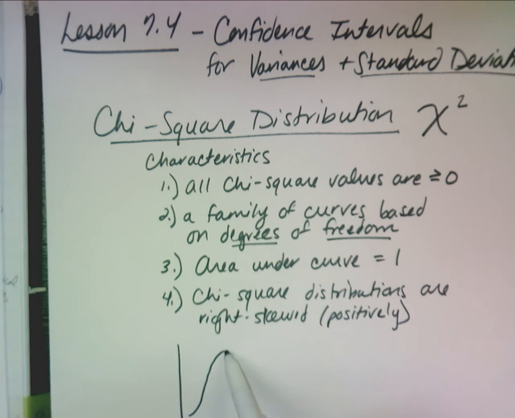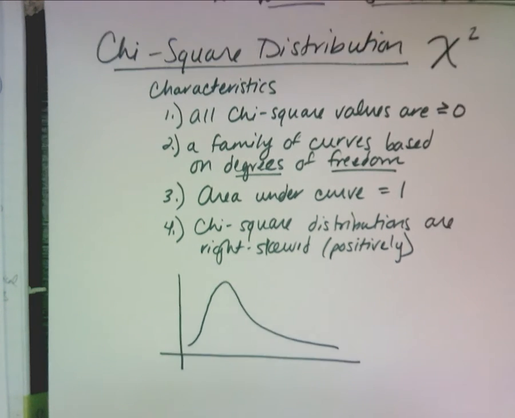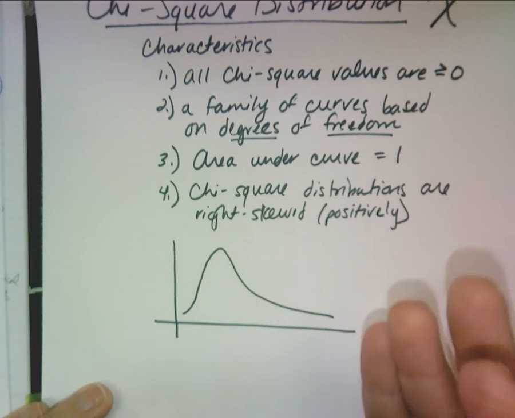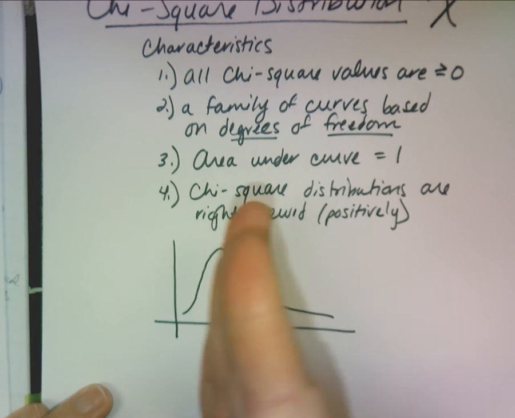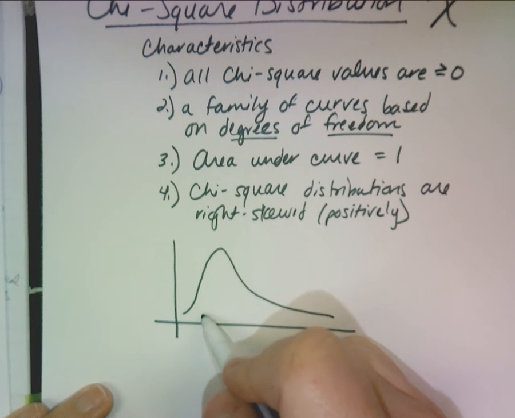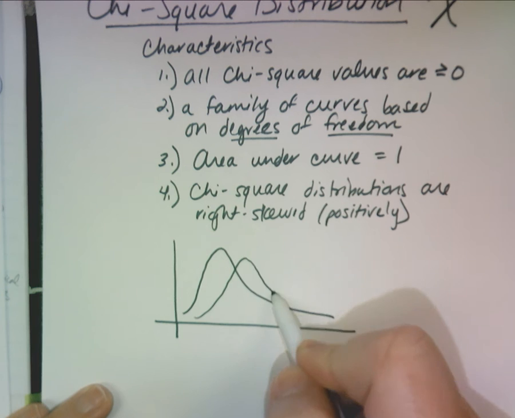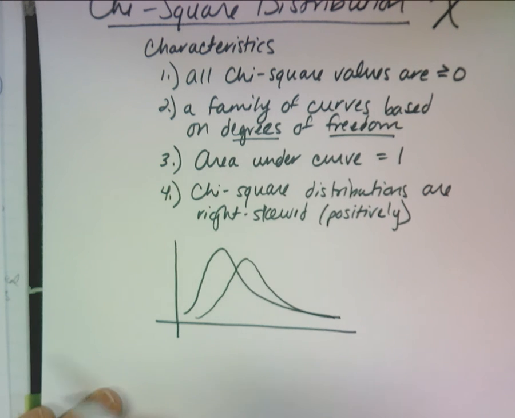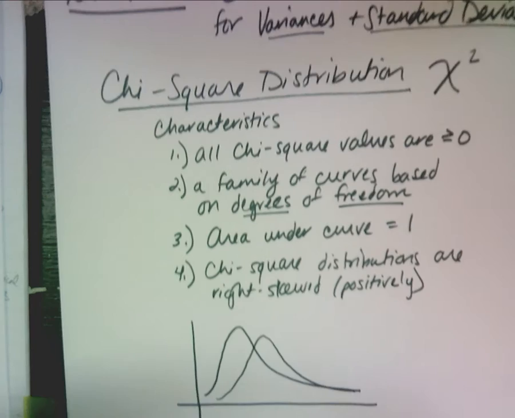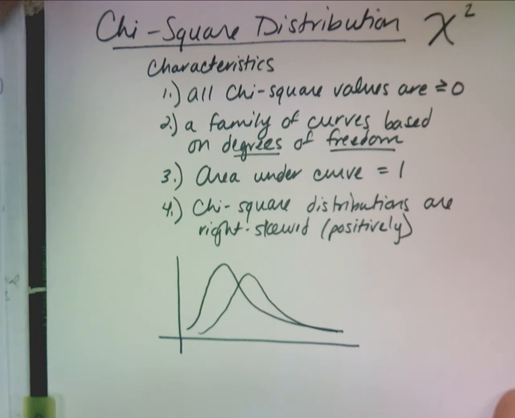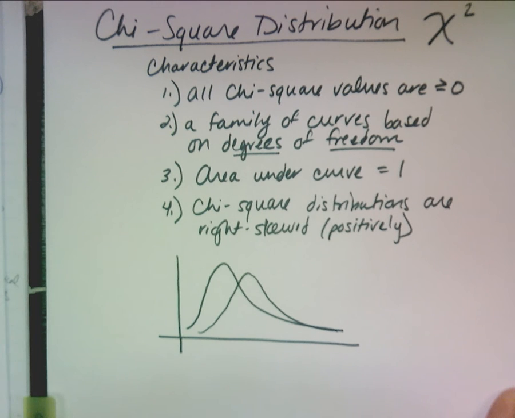Chi-square is always right skewed, so more of the data will be all to the right. And again, it's a family of curves, so you could have your data like that, but it would still be more right skewed, okay? Whereas we're used to looking at distributions where the hump is in the middle. That's a normal distribution. This is a chi-square distribution. It's going to be positively right skewed.